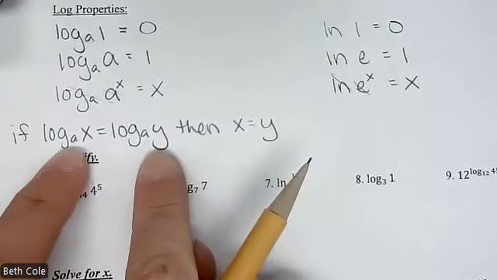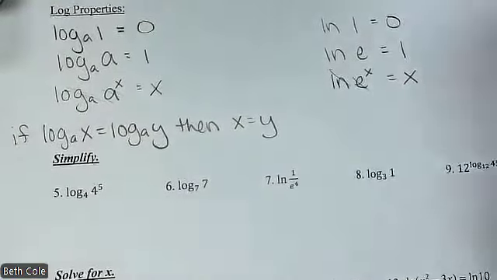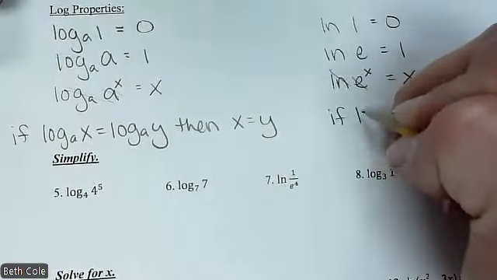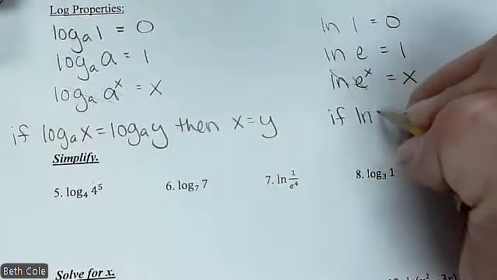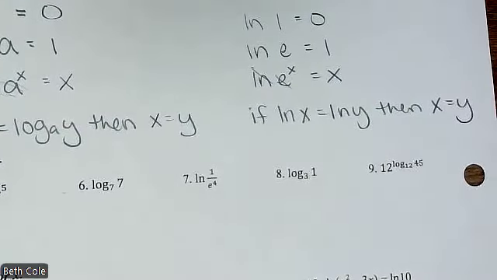If log base a of x equals log base a of y, then x equals y. And for the ln version, if ln of x equals ln of y, then x equals y. Again, it's logical. It means the exact same thing. I just wrote it again.